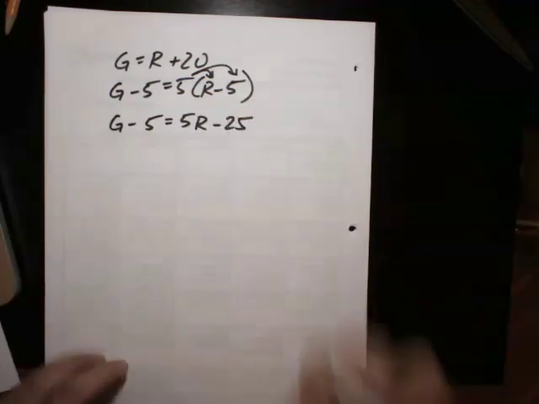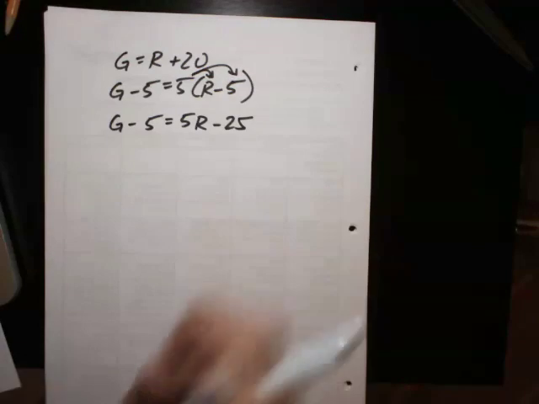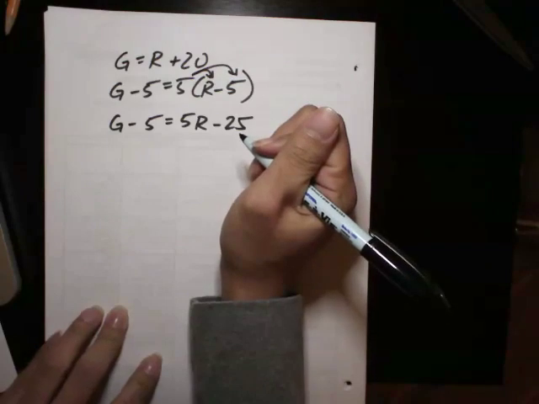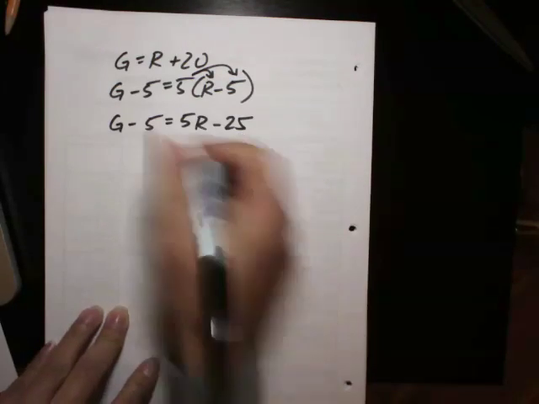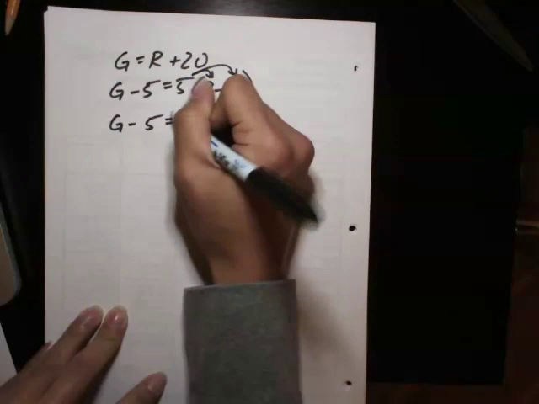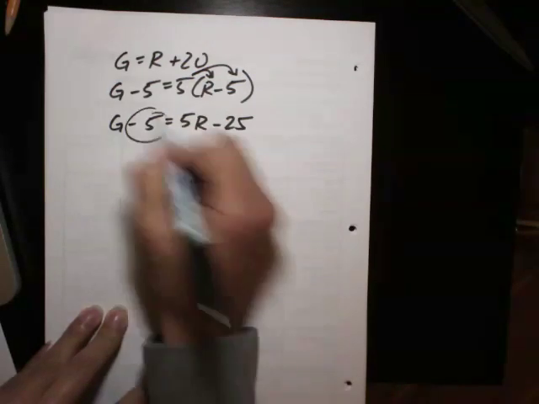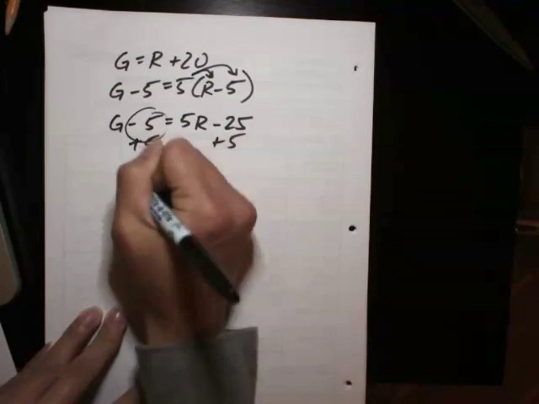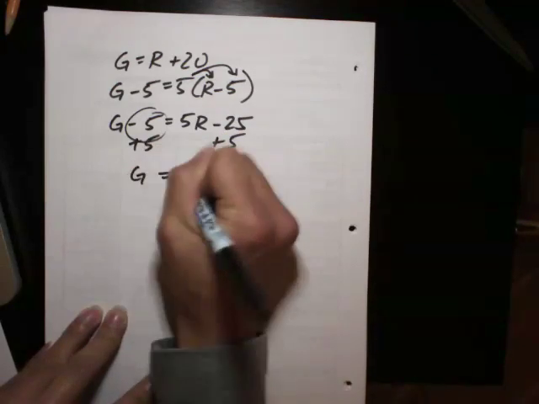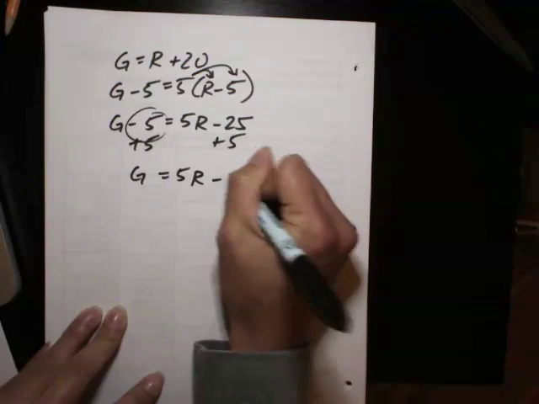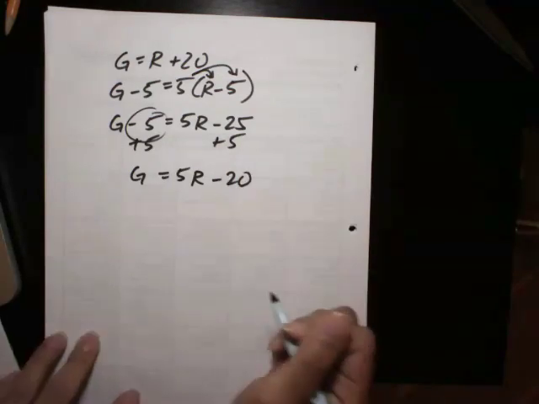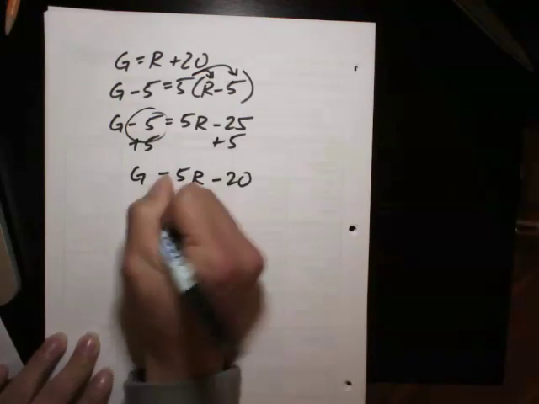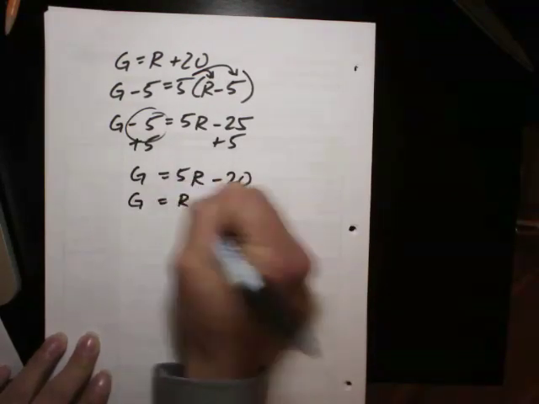And I want to simplify this. Let's move all the variables to one side, and I can combine the constants. So G will be equal to 5R minus 20. Okay, so I also know that G is equal to R plus 20. These are our 2 equations.